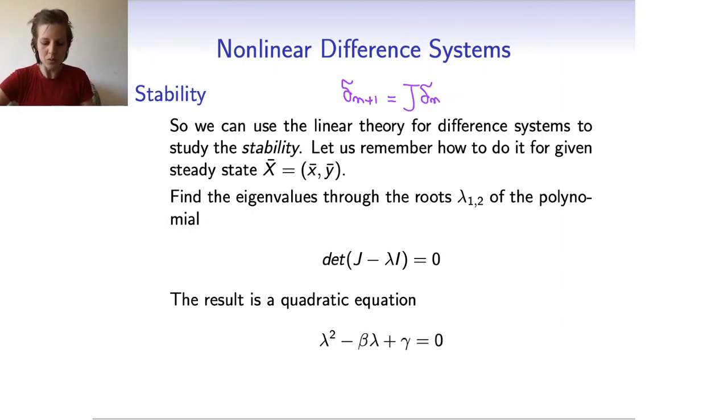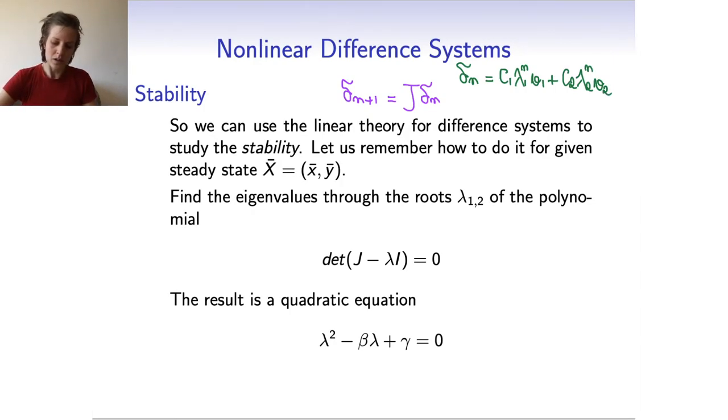So we suppose that the solution of this system will be equal to some constant 1 times the first eigenvalue to the n times the first eigenvector, plus a constant 2 times the second eigenvalue to the n times the second eigenvector.